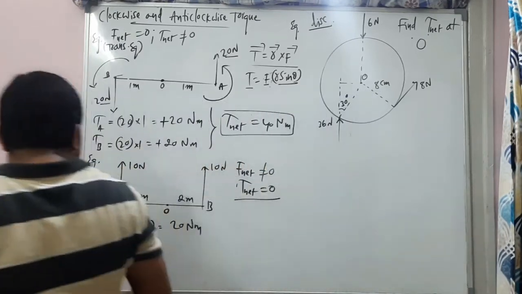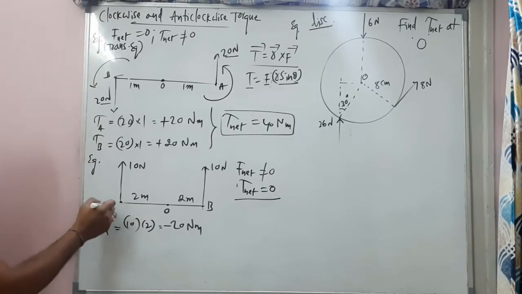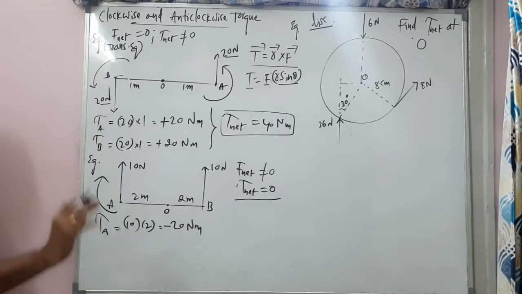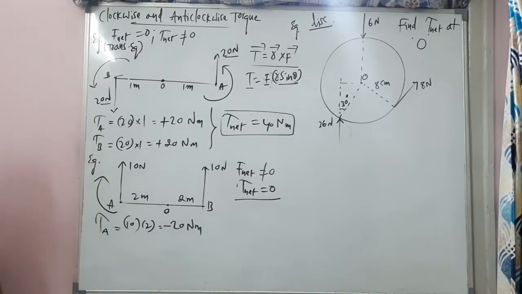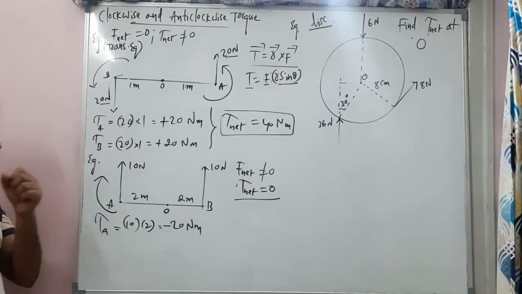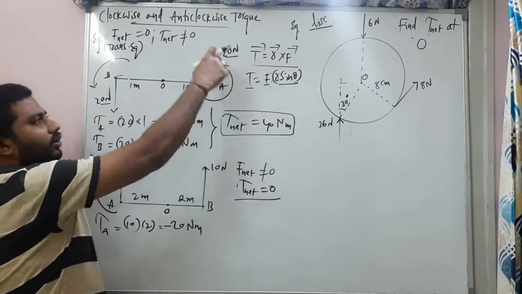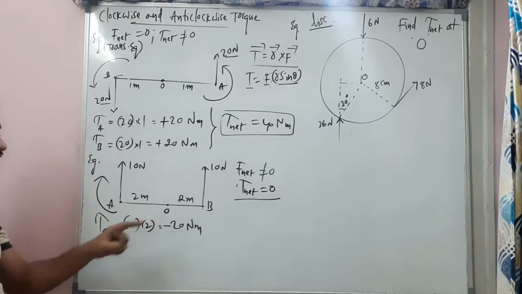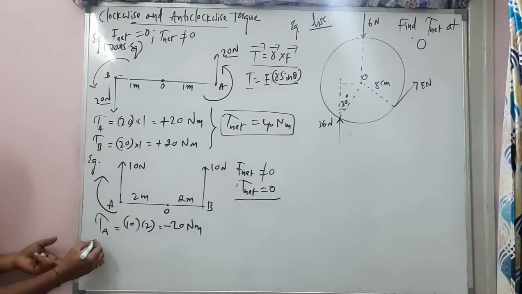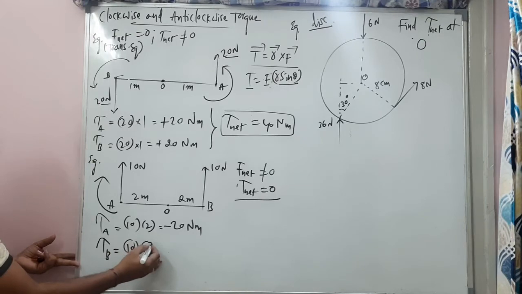When the direction of the torque is into the plane, it's a negative sign, and that's called clockwise torque. See, this part will rotate like this. Understand? And previously, anti-clockwise torque. Anti-clockwise torque is positive. Clockwise torque is negative. So torque at point B is equal to force into perpendicular distance.